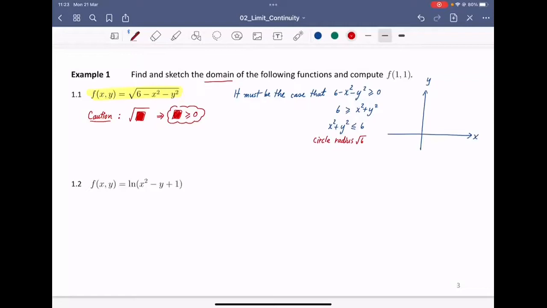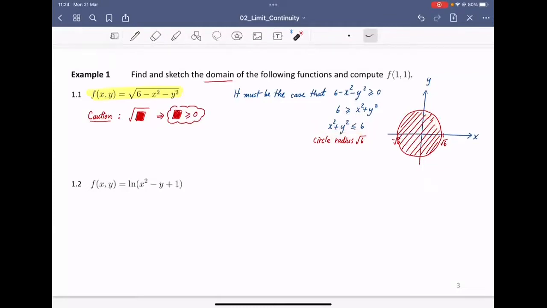So mark square root 6 and negative square root 6, and then draw a circle here. The area inside the circle is the domain, because we are looking for all possible x, y such that x squared plus y squared is less than or equal to 6, which means inside the circle. Sounds good?